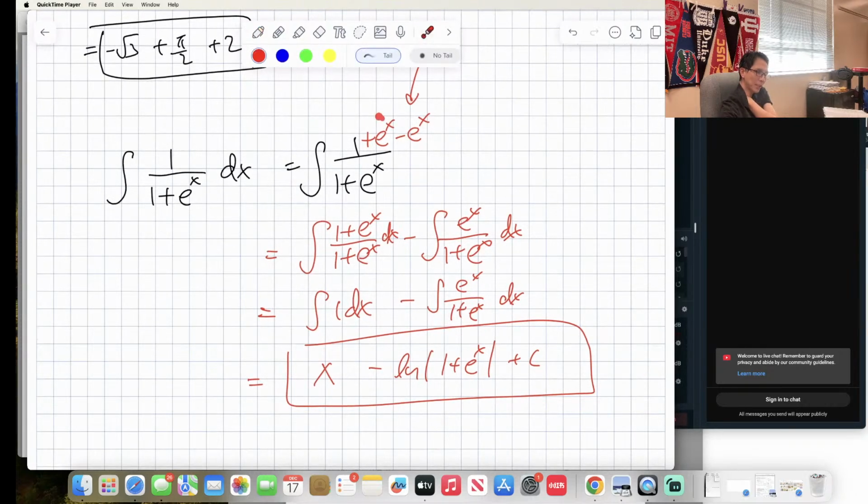So the skill-wise, this is e to the x, and this subtracts e to the x to make that one happen, and then to make it a log happen. So it's actually a pretty cool way to counter this kind of question.